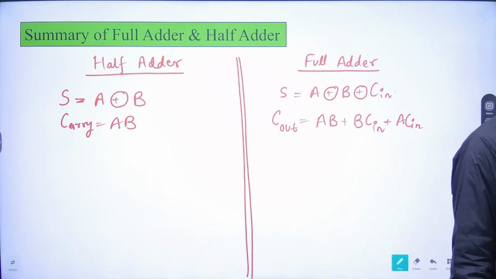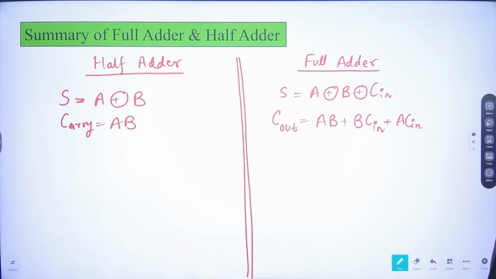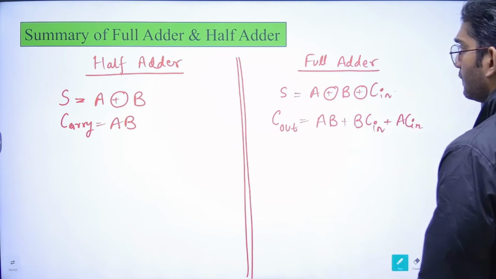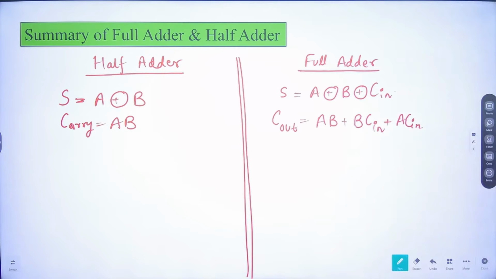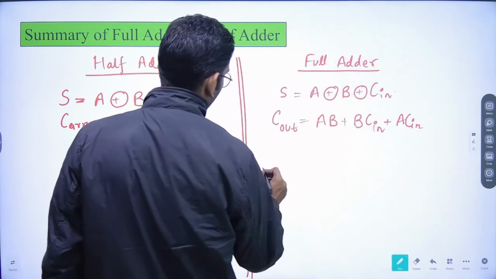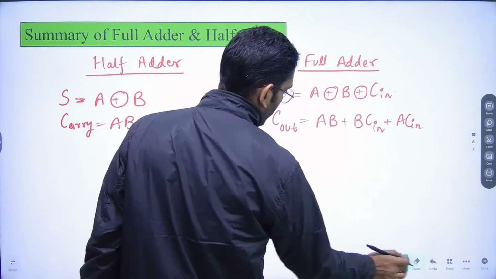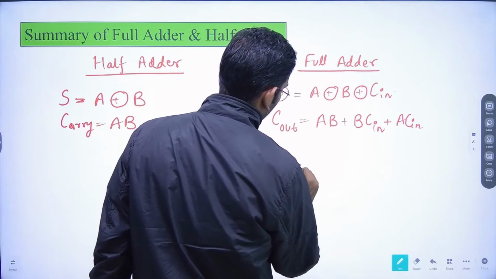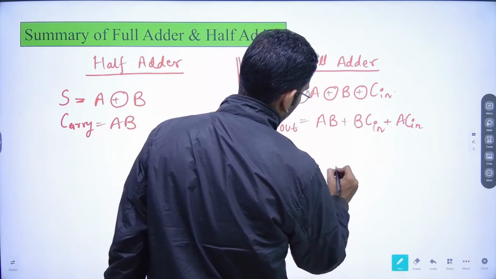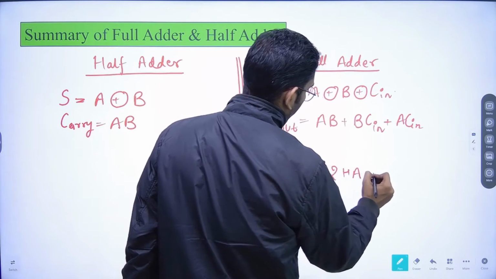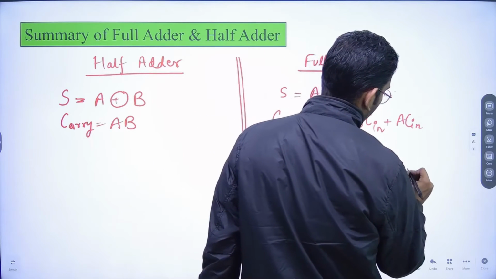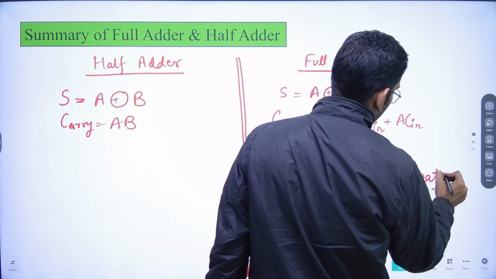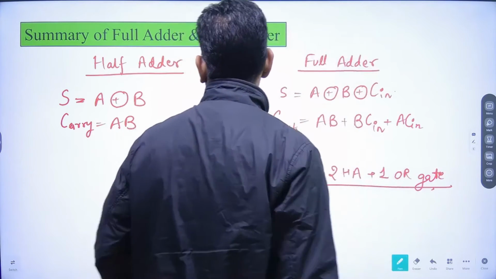And for designing one full adder, we can use two half adders plus one OR gate.